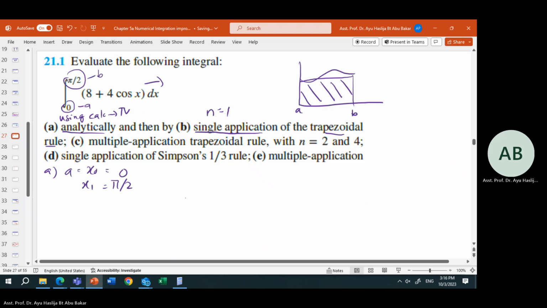The equation to find the integration using single application is b minus a multiplied by f(a) plus f(b) over 2.